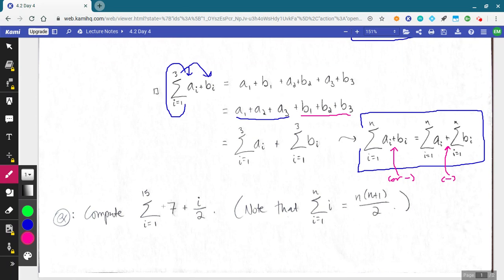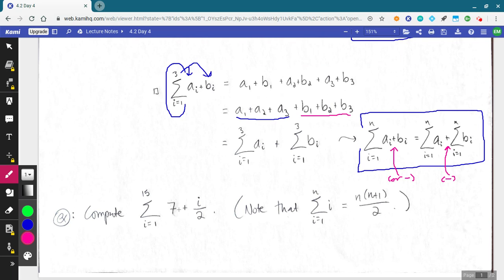So let's compute the sum from i equals 1 to 15 of 7 plus i over 2. And the idea here is that we don't want to start writing out all 15 terms of this. We want to work with the summation notation.